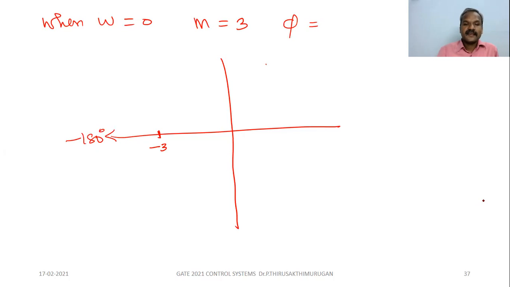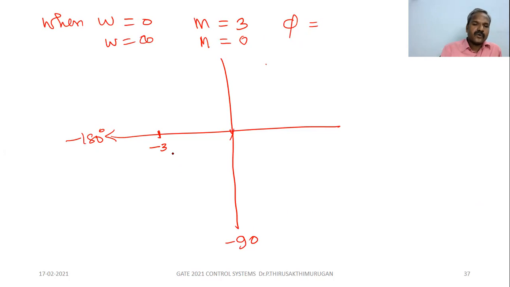When omega is infinity, the magnitude is 0, and the phase reaches minus 90.